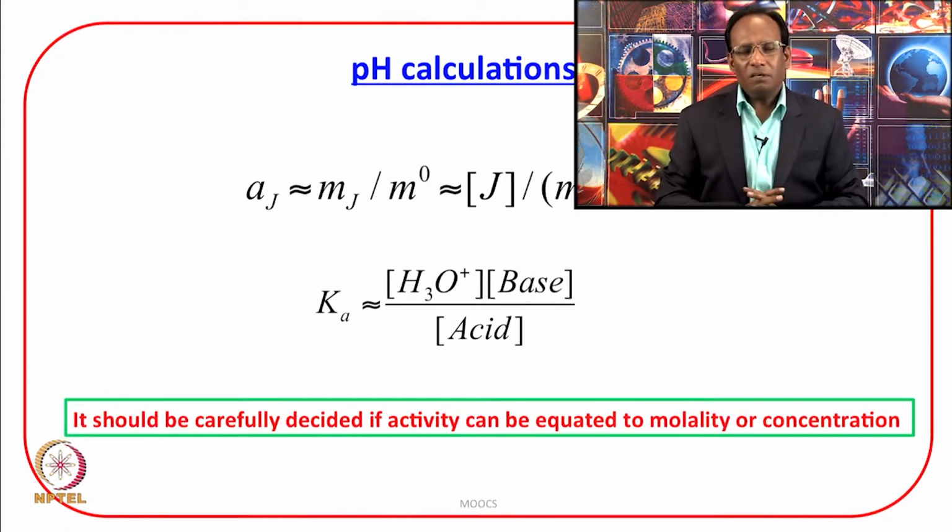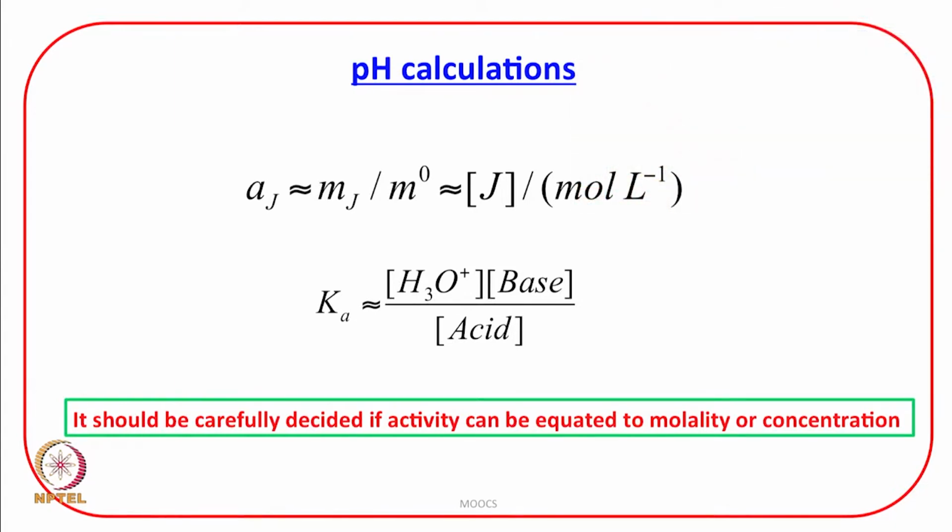When I was discussing activity and activity coefficient, I mentioned that the concept of activity or activity coefficient is very important. Because when we talk about experimental measurements, especially in solutions which contain ions, electrolytic solutions, ionic solutions, even under very dilute conditions, the values of activity coefficients are quite different from 1.